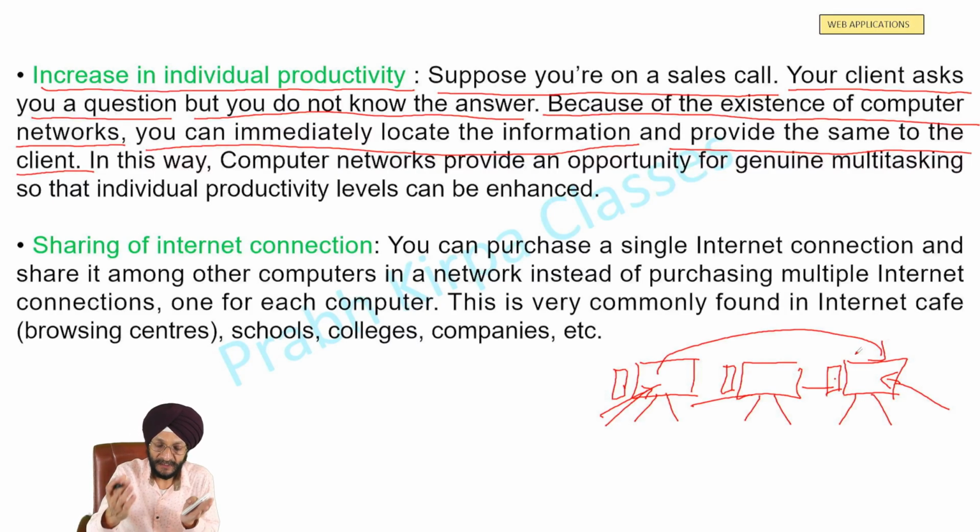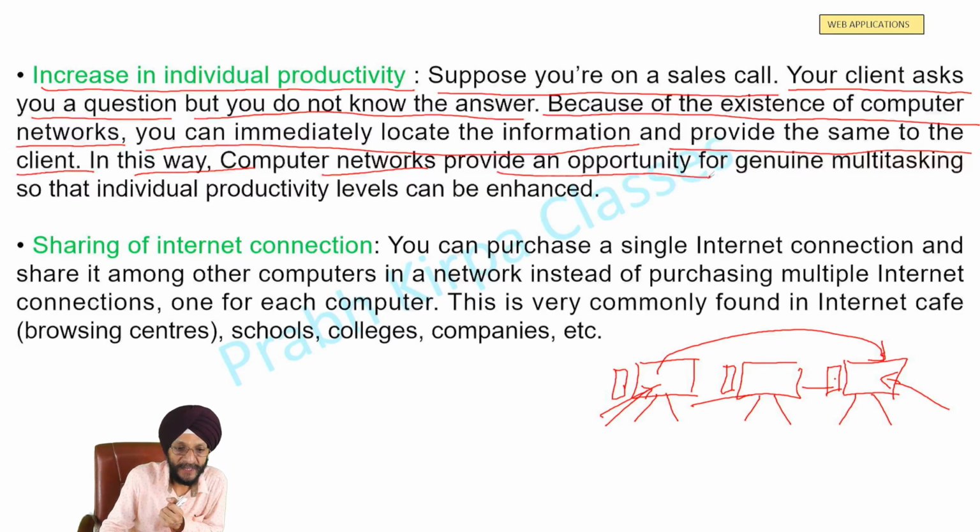So when the customer asks you for information about sales and that information is stored in some other computer on the network, you can quickly access that data and provide the relevant information to the client. In this way, computer networks provide an opportunity for genuine multitasking so that individual productivity levels can be enhanced.